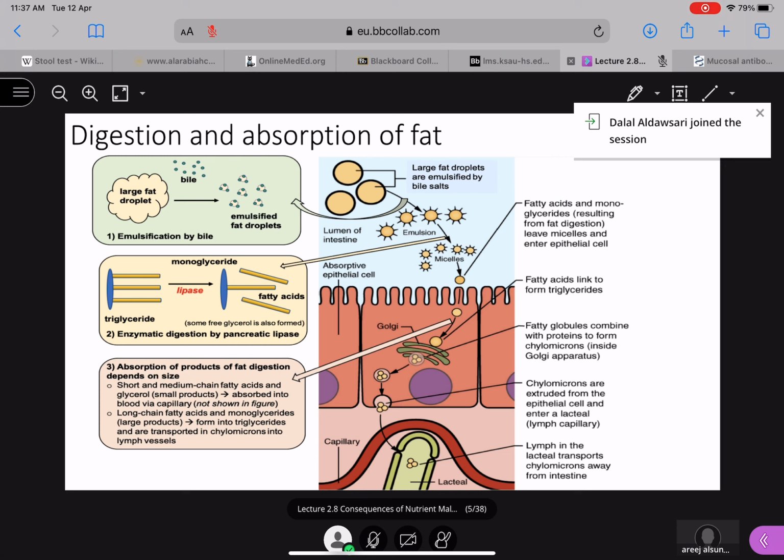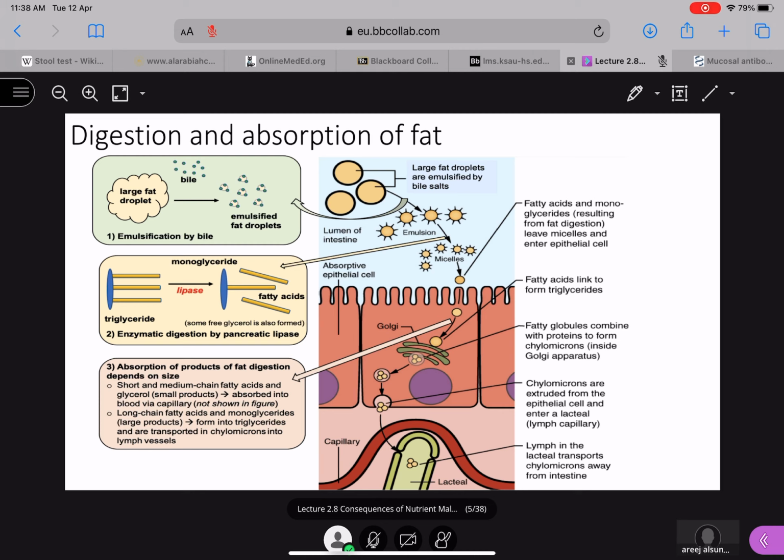And in this cartoon, we will go into a bit of detail on how fat gets absorbed. Fat is usually hydrophobic, so it does not move easily in water or in aqueous solution, and it comes in very large molecules, as shown on the left side of the slide.